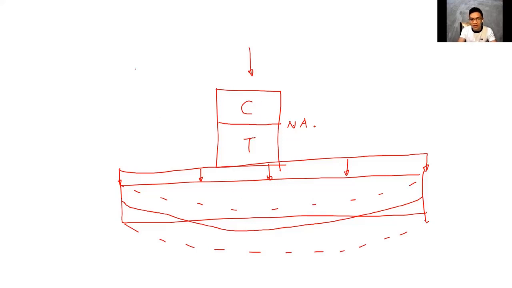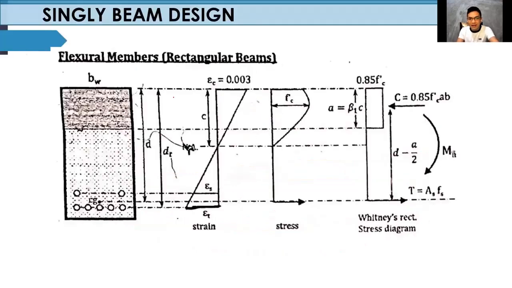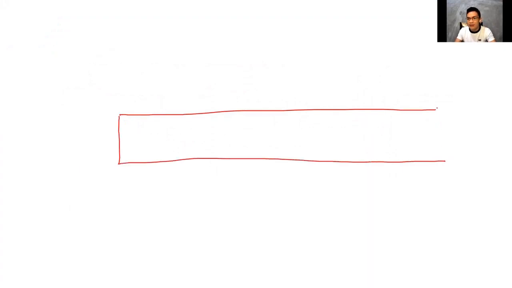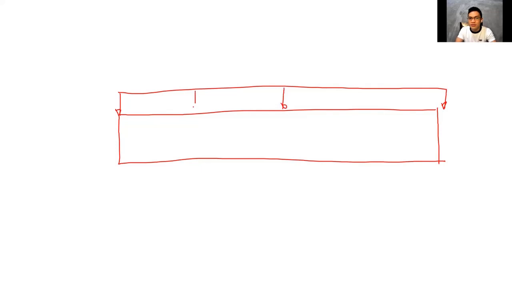So here, ulitin natin to. Erase. Ayan. So if we have our section, and then lalagyan mo ng load. This is your load. And then yung sa baba, ilagay ko lang yung kanyang cross-sectional view.